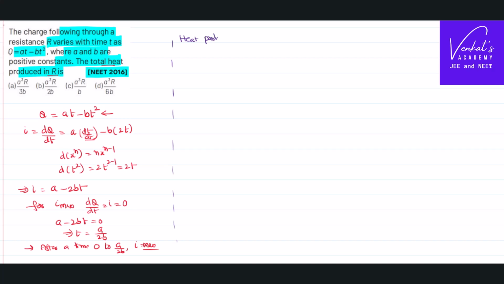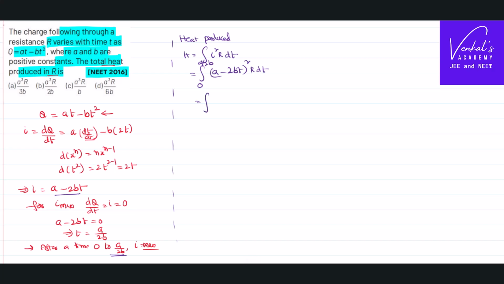Heat produced is H equal to the integral of I square R dt, where I know I. So let us substitute that value. I, as I have calculated, is A minus 2Bt, whole square, R dt, where the time limits are from 0 to A by 2B for getting the total heat. So let us simplify.